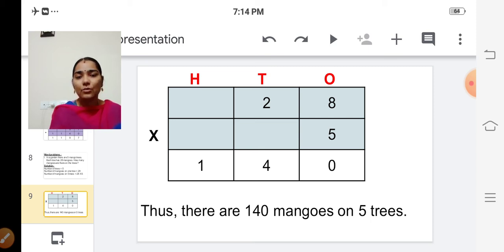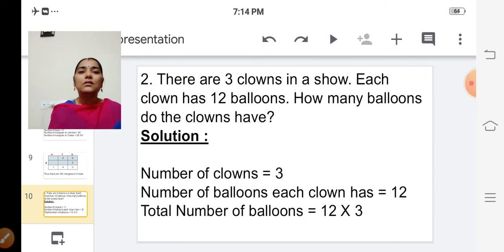So shall we see one more example? Yes. See, there are 3 clowns in a show. Each clown has 12 balloons. How many balloons do the clowns have?